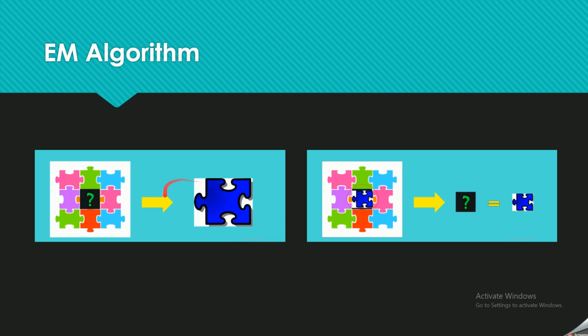And here we will keep on performing until we obtain the actual value for this particular missing jigsaw piece. Once the value is obtained, then we terminate. Till that time, the algorithm will be switching between step number 2 and 3, that is expectation and maximization step.